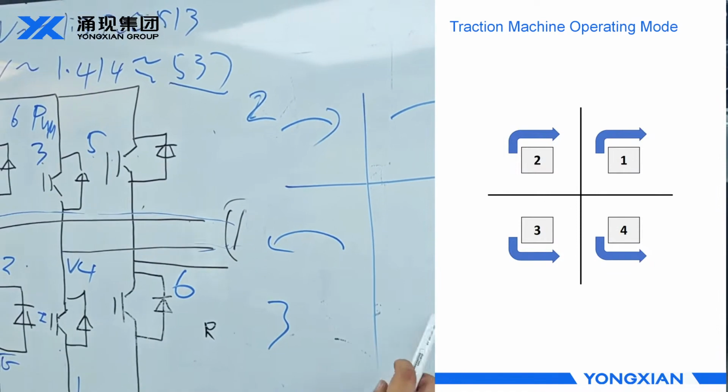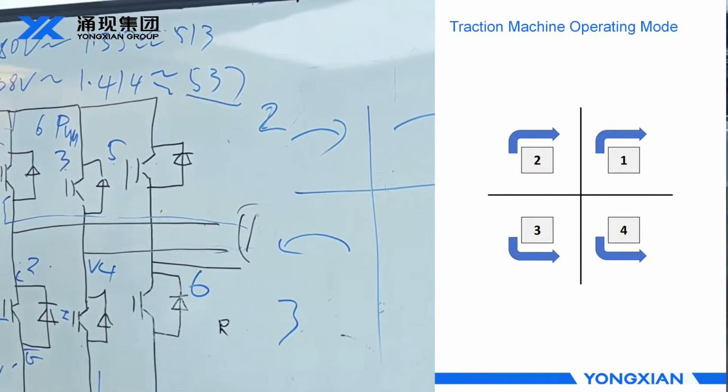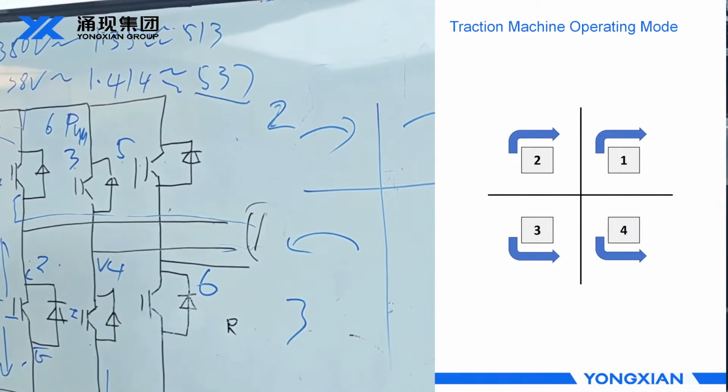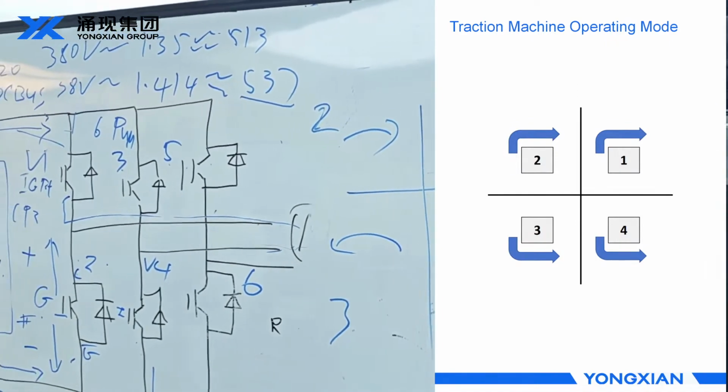Quadrant 4 is for a traction machine rotating counterclockwise with driving force.